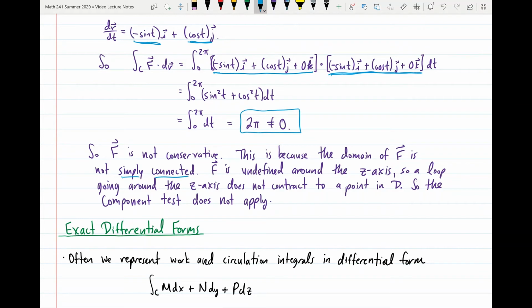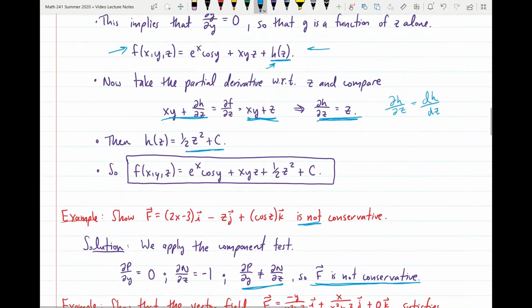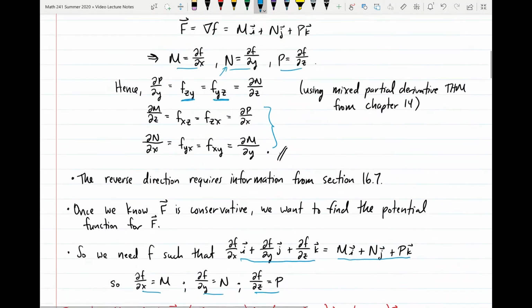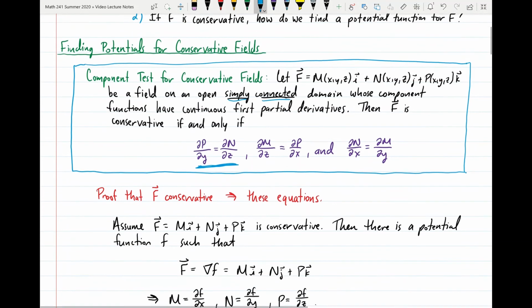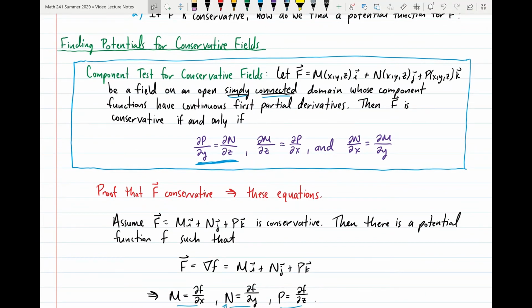And if we go back up to, let me see if I can scroll back up here. If we go back up to this component test for conservative fields, notice that we specify f has to be a vector field that's defined on an open, simply connected domain, whose component functions have continuous first partial derivatives.